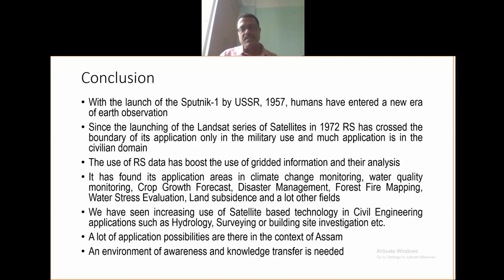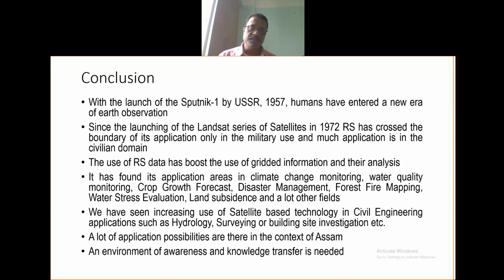So gridded information is when you capture an image, the information is stored in individual squares called pixels, which is also a short form of picture element.